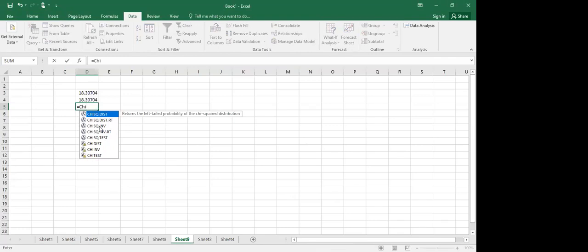If you are using the left area and you are given the right area, you need to make sure you get it to the left by subtracting it from 1. But Excel also gives us the option for chi-square inverse for right tail. So because this question was for a left tail, I'm going to choose chi-square inverse. Are we all there?